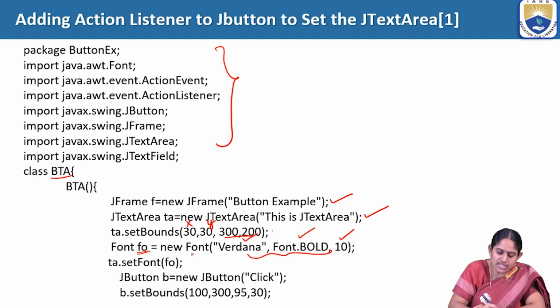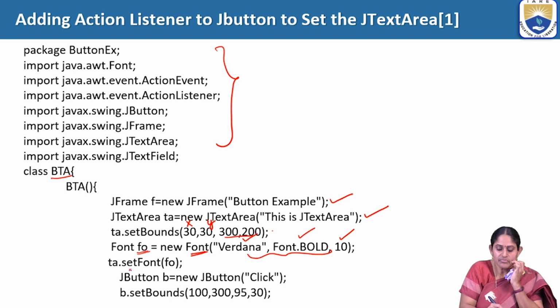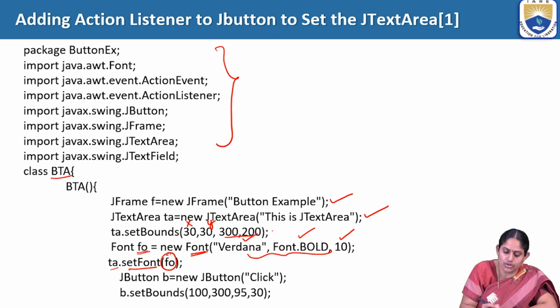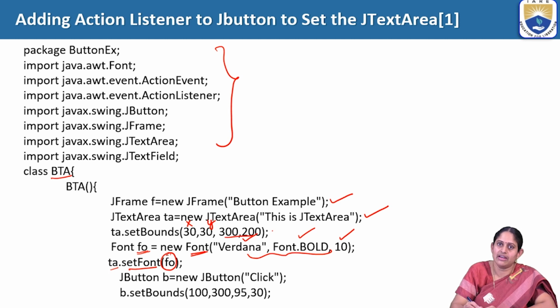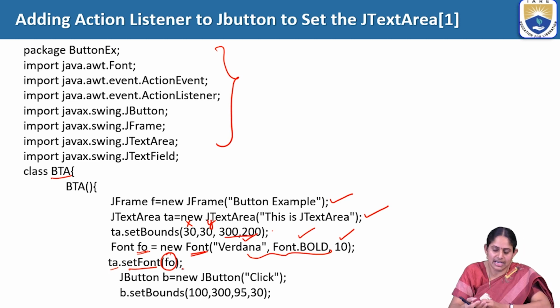We call the setFont method of the text area to set its font to the font we have described. So whenever we write data onto this text area, its font will be Verdana, bold and size 10.